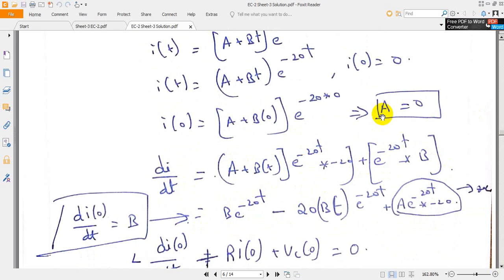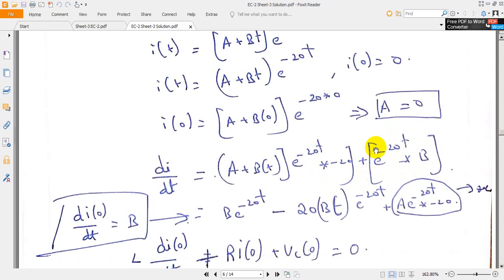substitute the value of a is equal to 0. If you substitute, you will get dI by dt is equal to b e power minus 20t, minus 20 bt e power minus 20t.